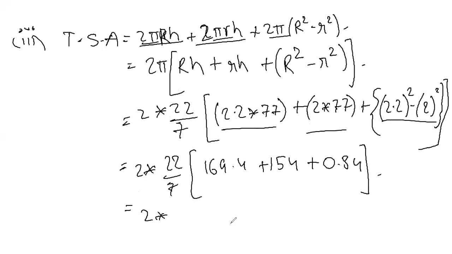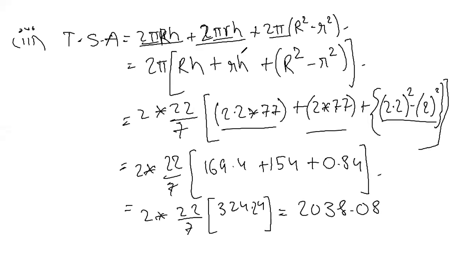Okay, so 169.4 plus 154 plus 0.84 is 324.24. Okay, now we'll try to multiply it. So the final answer would be 2038.08.